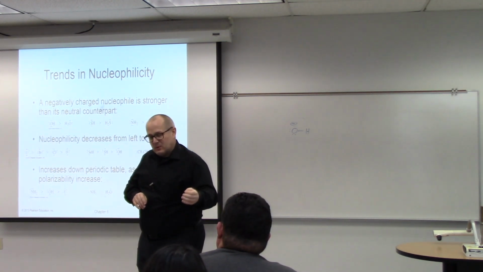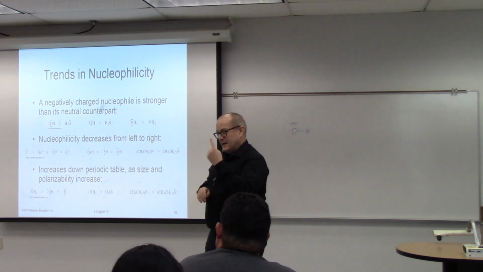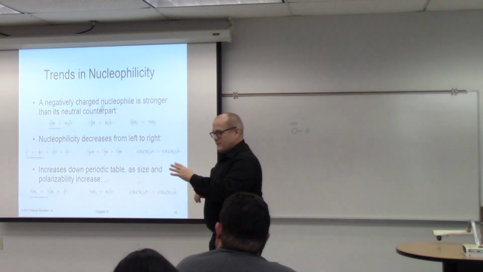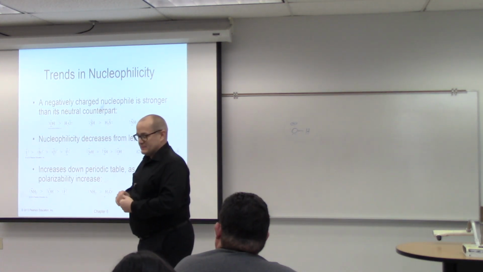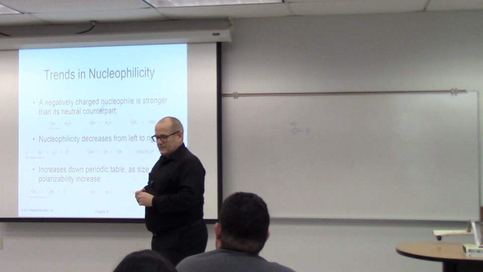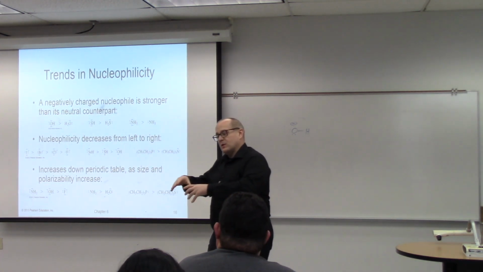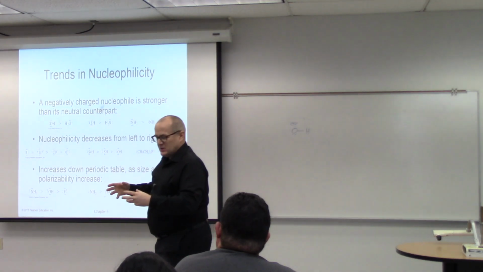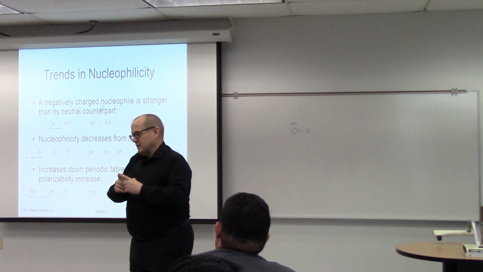Things that are polarizable are more nucleophilic, less basic. Iodide usually never reacts as a base, but it's a very good nucleophile. Why? It's polarizable. We'll come back to that understanding of polarizability later when we get into different SN2 reactions, but that's an important concept, polarizability.